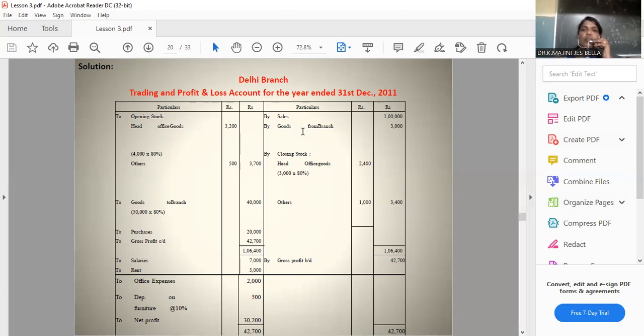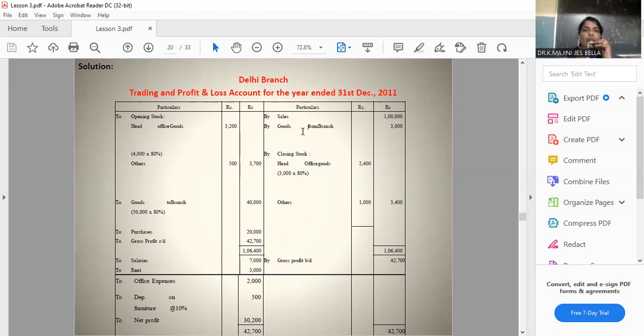Total is 3,400. You should write it in the outer column. Total it on both sides: 1,06,400. The difference amount is the gross profit, right? How much is the gross profit? 42,700. You should write the gross profit, and bring down that gross profit.